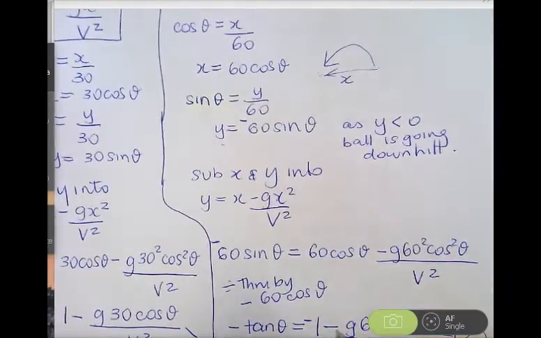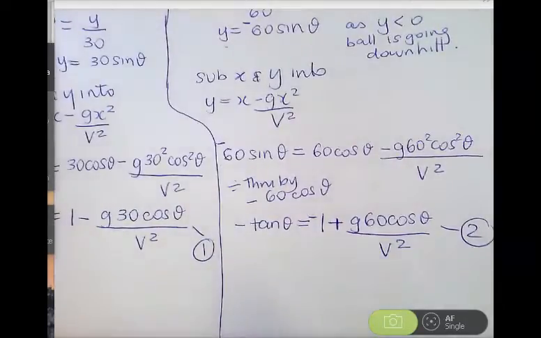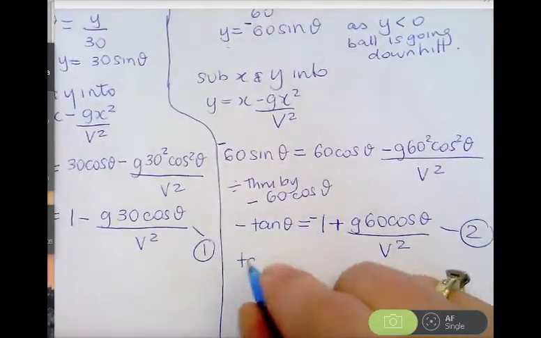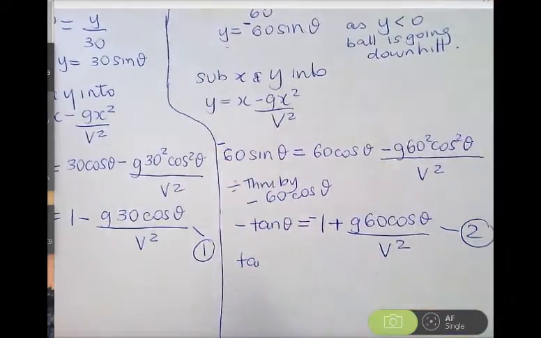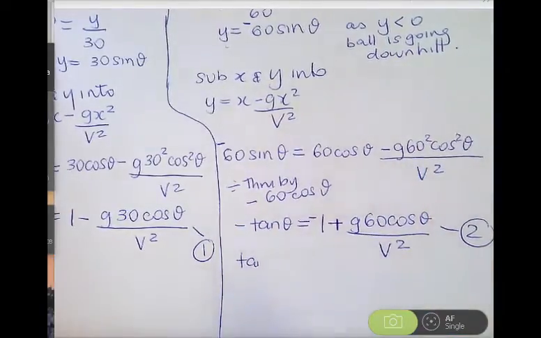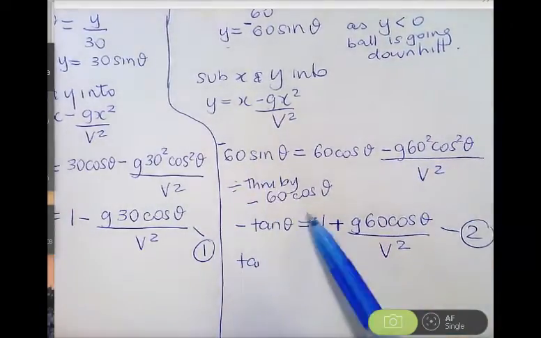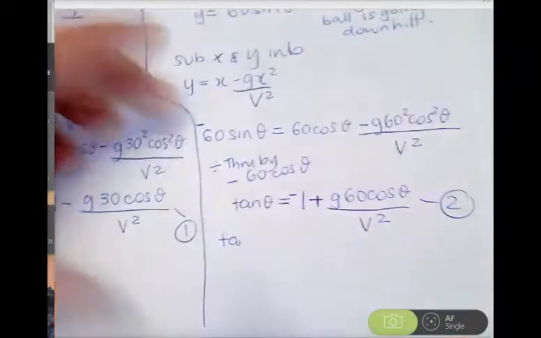negative 1 plus. So therefore... No, you don't get negative tan. So therefore tan... Oh yeah, no, I had negative sign. We could swap sides, or divide. You can't divide by negative. Oh, yeah, you get tan. All right, mistake.